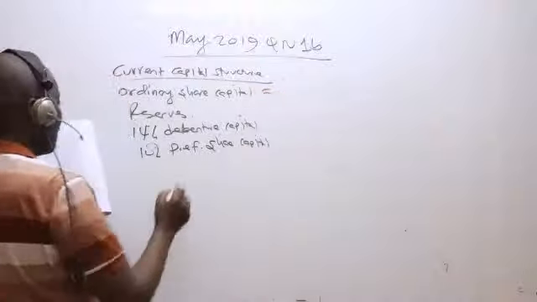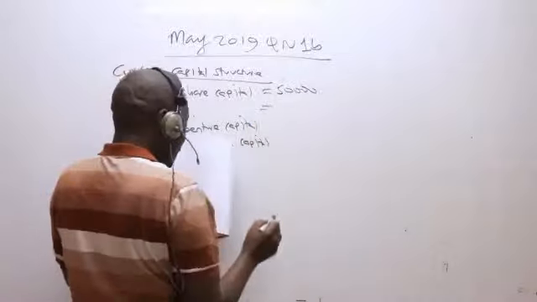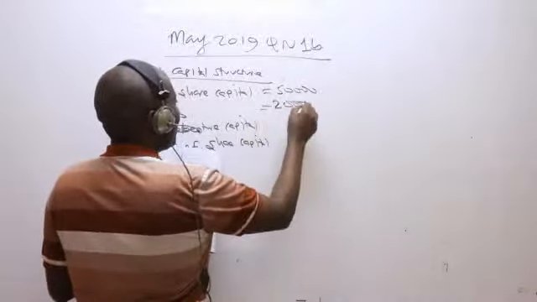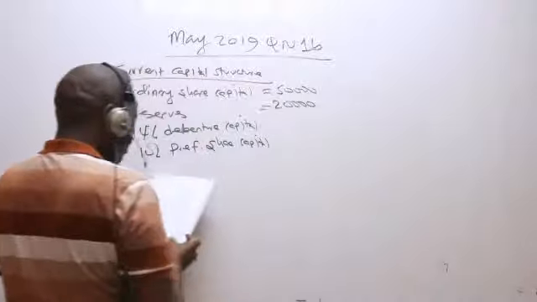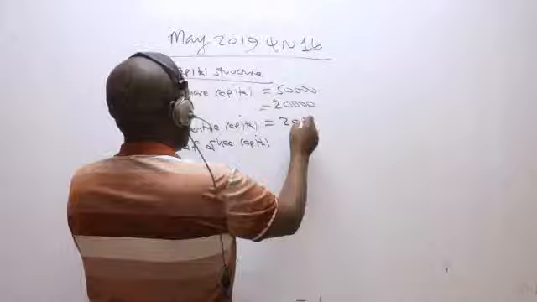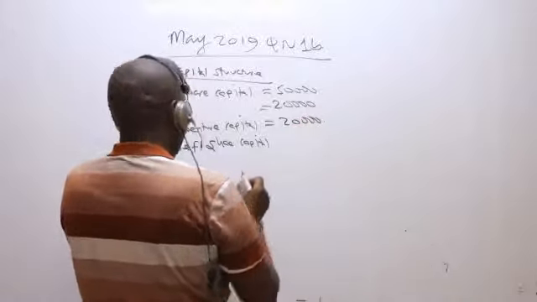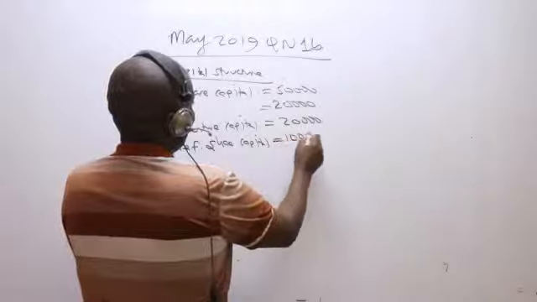So the ordinary share capital is 50,000 in thousands. Reserves account for 20,000. We have 14% debenture capital accounting for 20,000. We have 10% preference share capital accounting for 10,000.